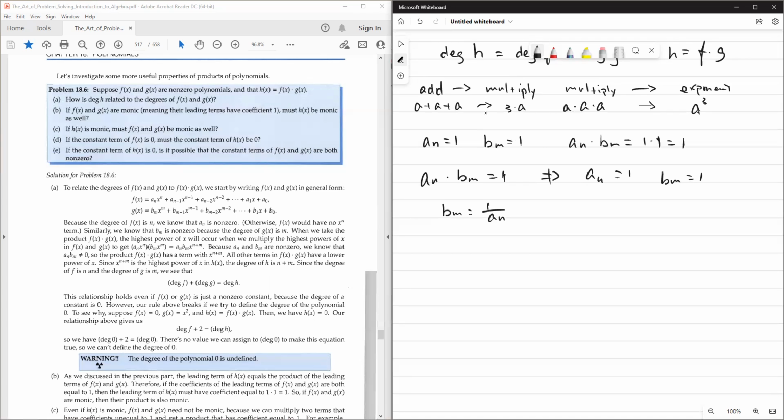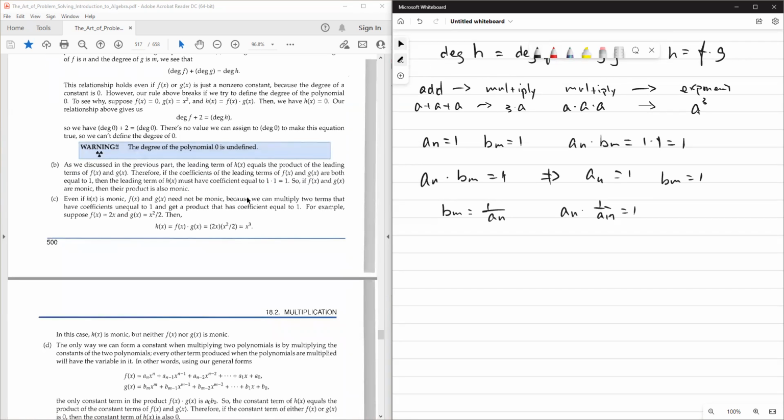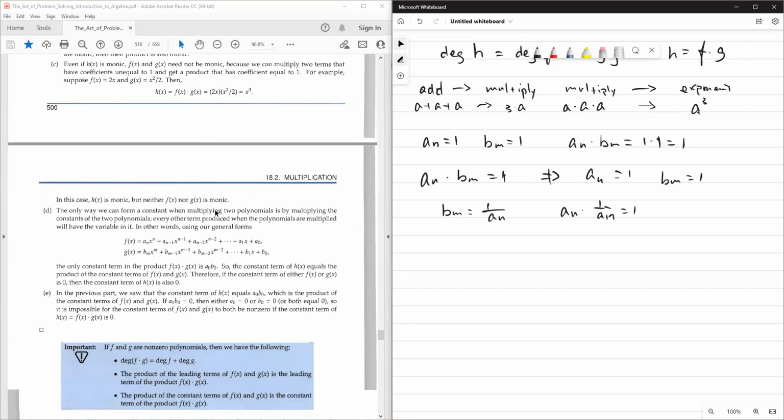We know a_n is not 0. As long as b_m equals 1 over a_n, the product will always be 1. Except for the special case when a_n equals 1, it doesn't make f and g monic, right? Makes sense? They can cancel each other out, so it's not monic.